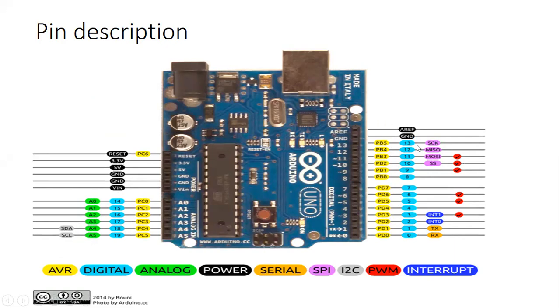Then reference voltage, ground. These are for serial communication. Then these are for interrupt 1, interrupt 0. Then this is transmit and receive for communication. So this is a brief description. This image is taken from the official Arduino website.